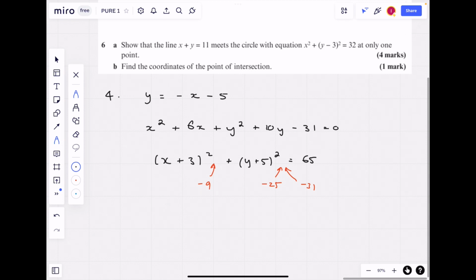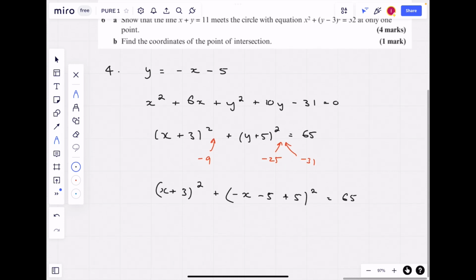Okay, so now you can sub in the minus x minus 5, and then plus 5, all squared equals 65. So now (x plus 3) all squared plus (minus x) all squared equals 65.